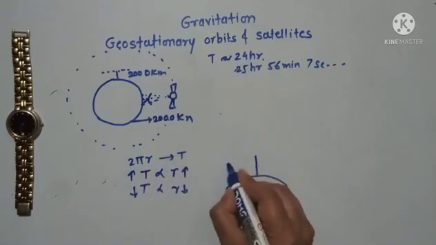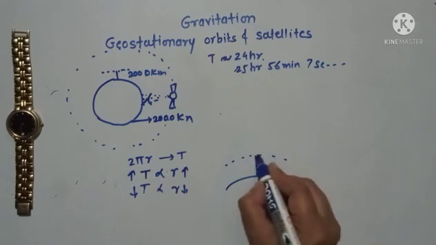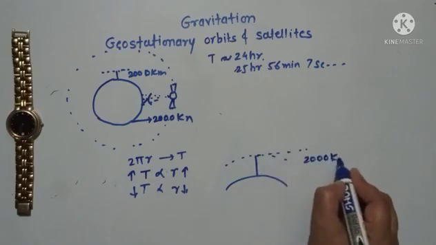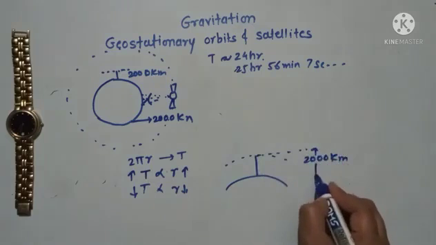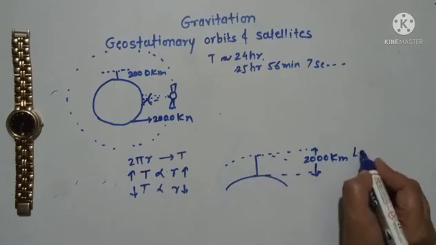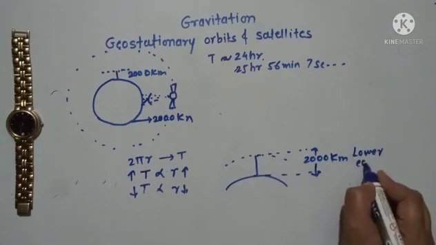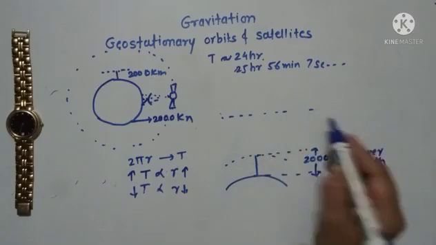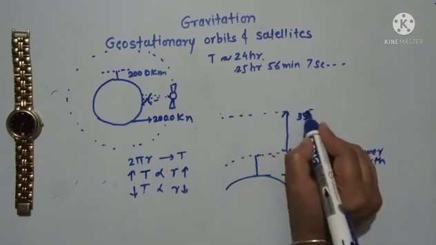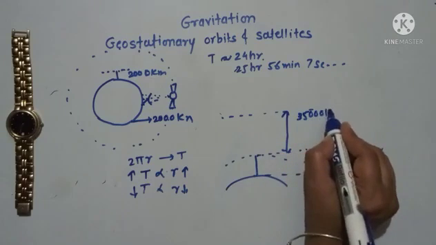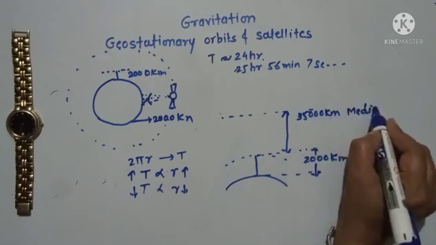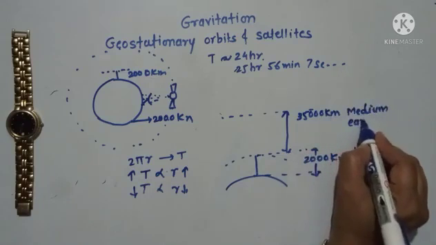Now this is the earth surface. If there is any satellite revolving around the earth at a height of nearly 2000 kilometers from the earth surface, such orbits are called low earth orbits. The orbits of satellites in the range from 2000 to 35,000 kilometers are called medium earth orbits.